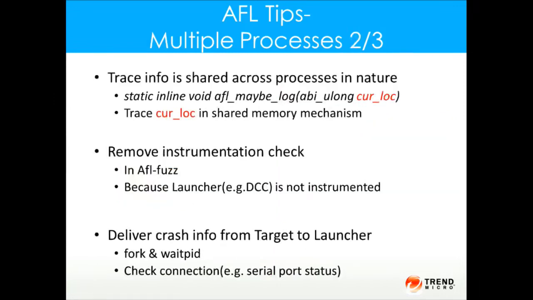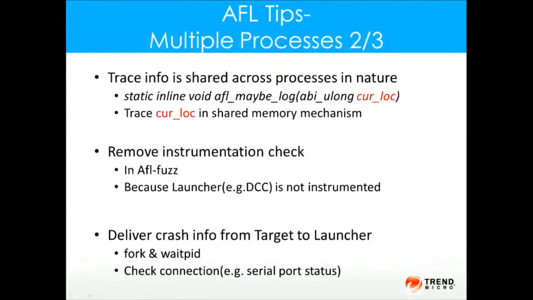As we know, the trace info of AFL is shared across different processes by nature. So the tracing info naturally supports multi-process. So what we have to do is just two things.